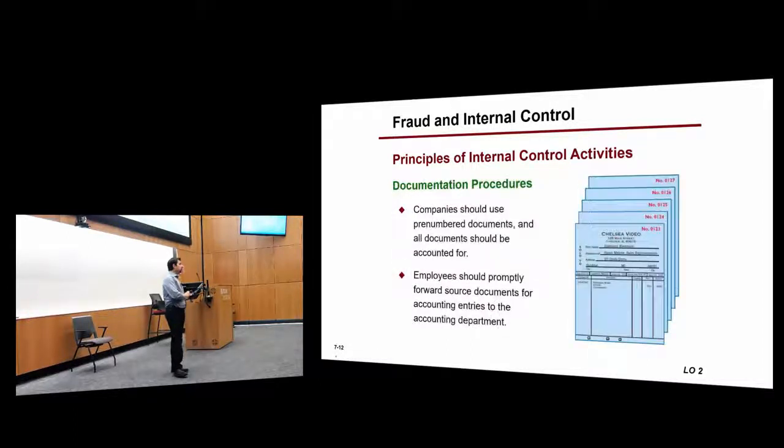Then you have documentation, like invoices. When you send invoices to your customers, they should be pre-numbered and all accounted for. Same thing when it comes to, for example, checks. They should be pre-numbered, all accounted for. Because otherwise, what if you have a missing invoice?